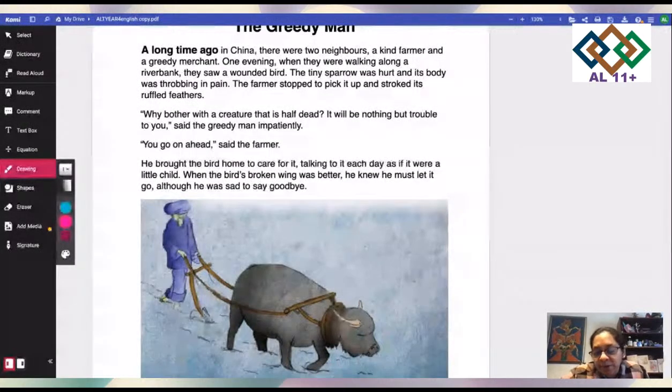The first one is about the greedy man. Basically, if you read this page, let me know, then I can put the other page on for you guys.